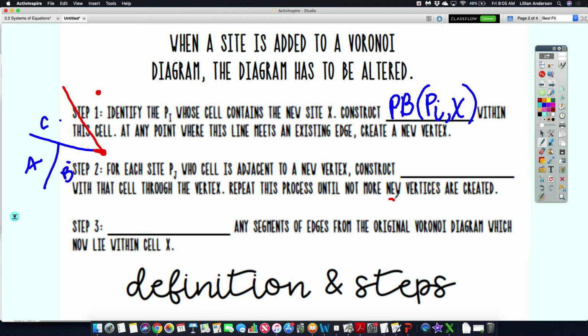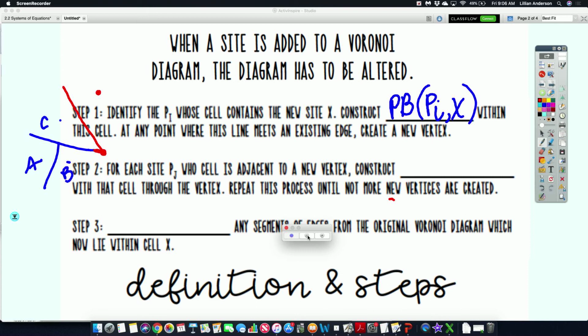Once you've done that, for each site P sub j whose cell is adjacent to the new vertex, you construct yet another perpendicular bisector with that cell through the vertex. So that basically means for each adjacent site, and what does adjacent mean? Next to.